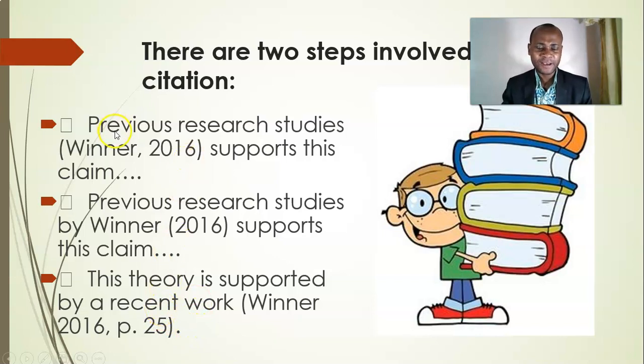And then the first one here is used in the middle of the sentence. And this is also used in the middle of the sentence. Now note here, in the first example, we have Winner and 2016 both in the parentheses. And over here in the second example, only 2016 is found in the parentheses.